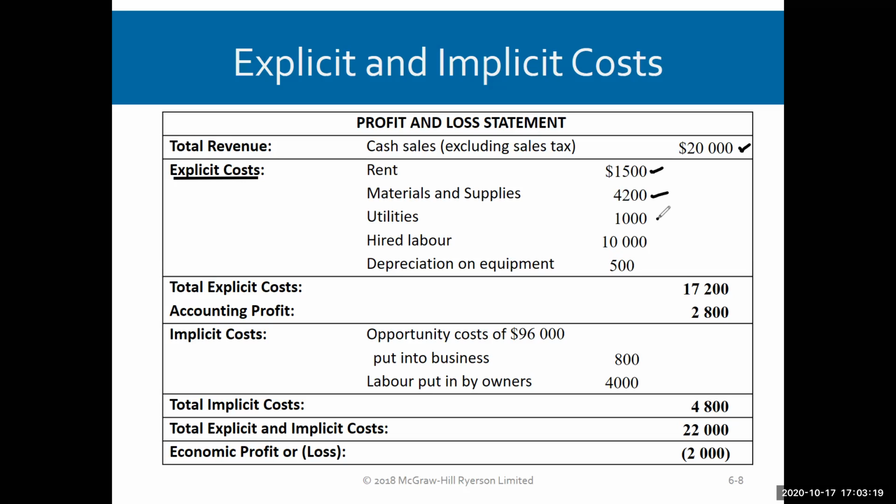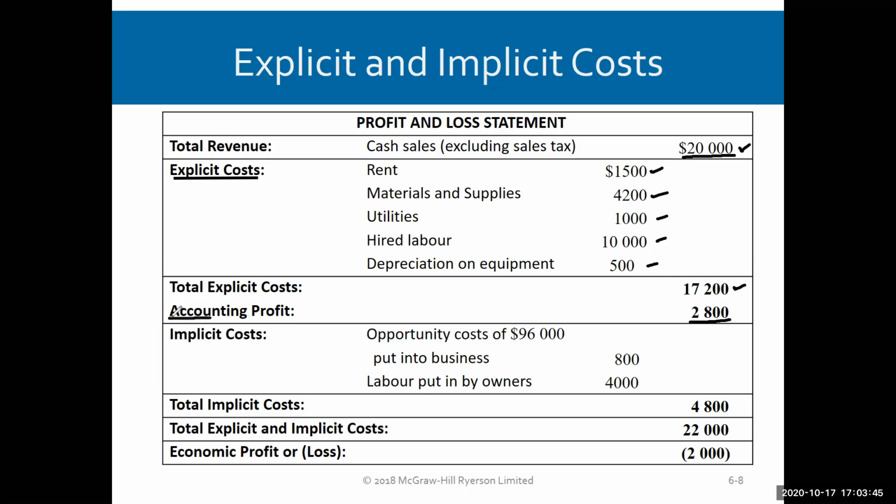And they hired some labor, so they've got $10,000 spent on labor. And of course, they depreciate the equipment that they had purchased. So if you add all those up, those are all explicit costs where there's actual cash paid out. It comes to $17,200. You subtract that from the revenue or the sales that they did, and you end up with an accounting profit of $2,800.